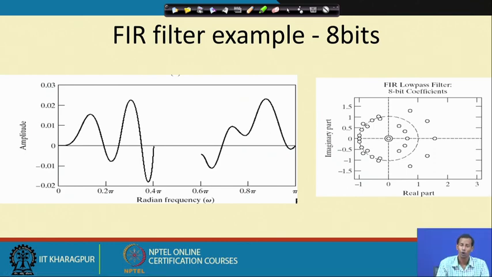If I consider 16 bits, I need more adders to do the constant multiplication, but if I consider 8 bits, I need fewer adders to implement that. But I have to keep in mind that my performance is degraded, and it is not satisfying the desired specification or functionality of the filter.